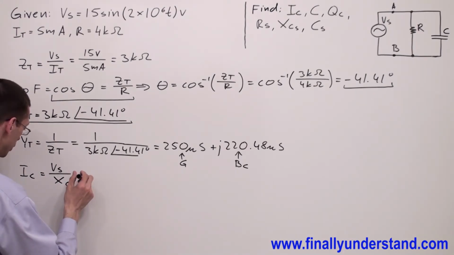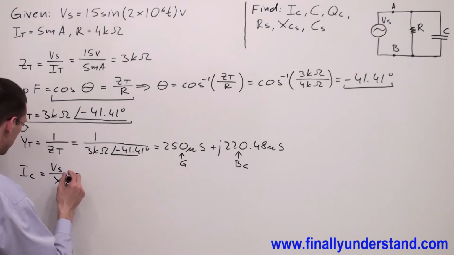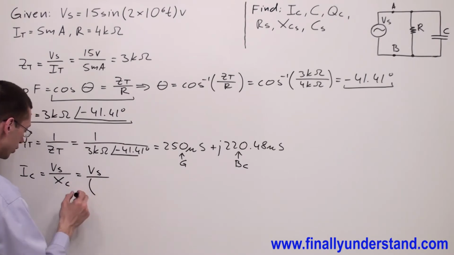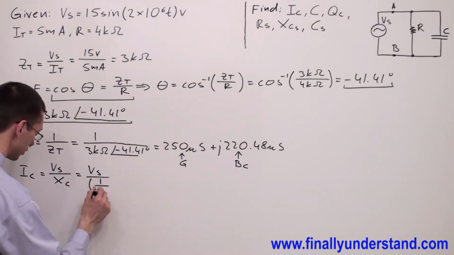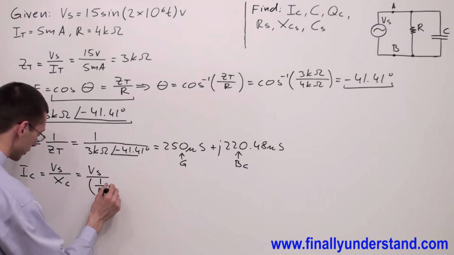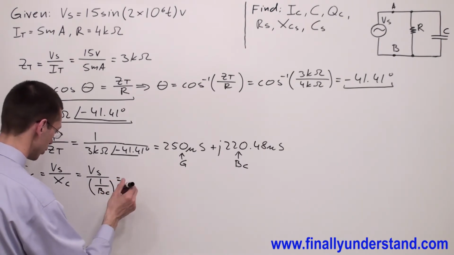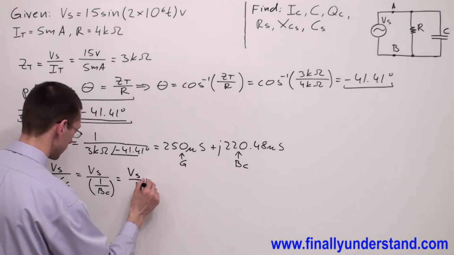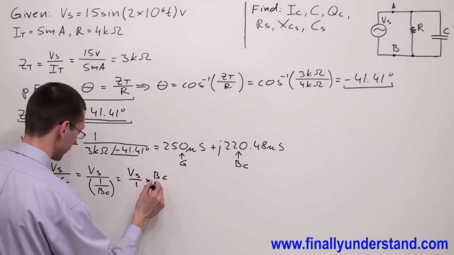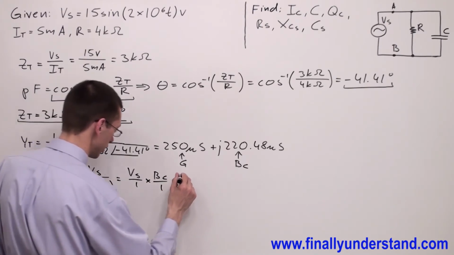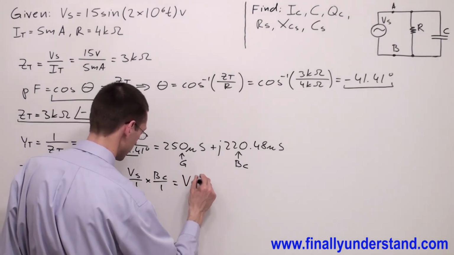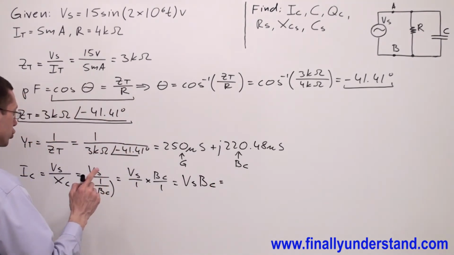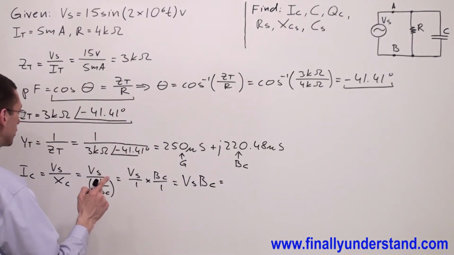We're supposed to simply write voltage source over, and X of C is nothing else, just 1 over BC. Okay? If you are going to use algebra, you'll rewrite this as voltage source over 1 times BC over 1, which is equal voltage source times BC.